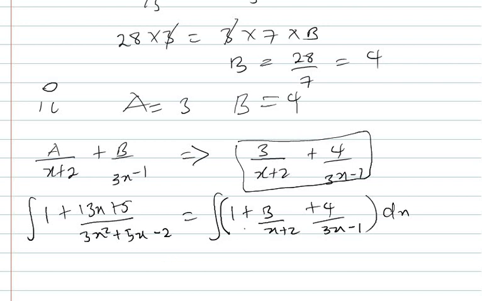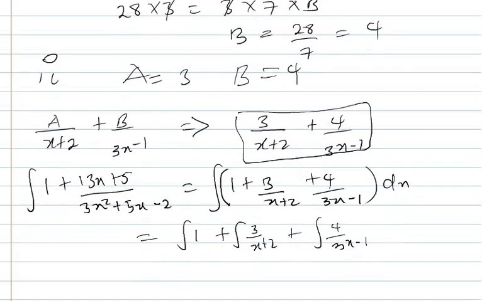Since it is by some rules, we can integrate individual terms. We can say integral of 1, plus integral of 3 over x plus 2, plus integral of 4 over 3x minus 1, all with respect to x.